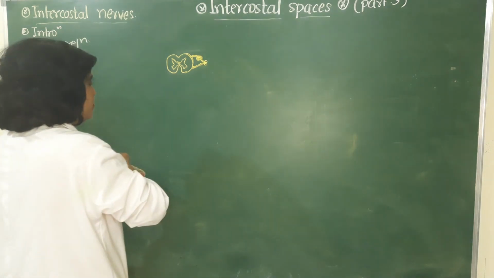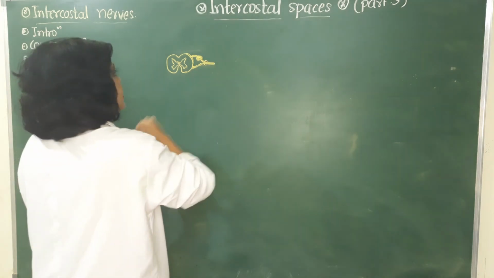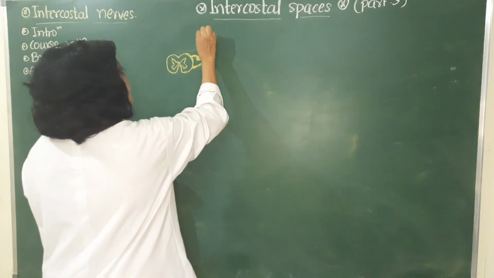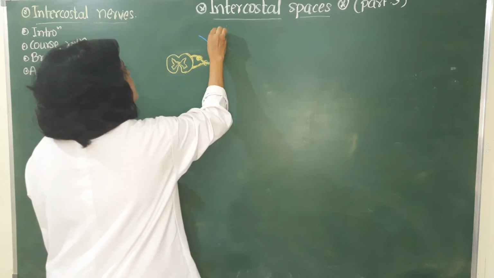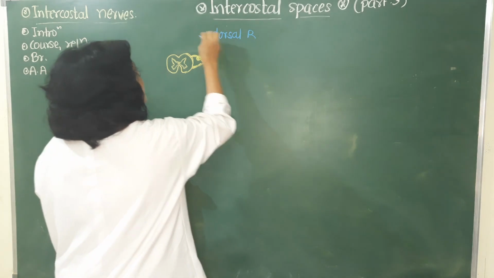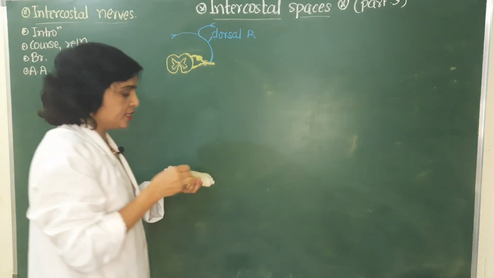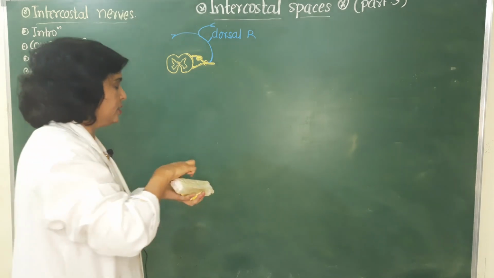This spinal nerve immediately gives rise to the ventral and the dorsal ramus. This is the dorsal ramus, which passes on the dorsal aspect and divides into the medial and the lateral branches. One branch is cutaneous and one branch is muscular.